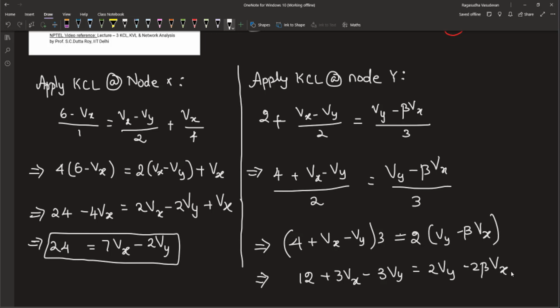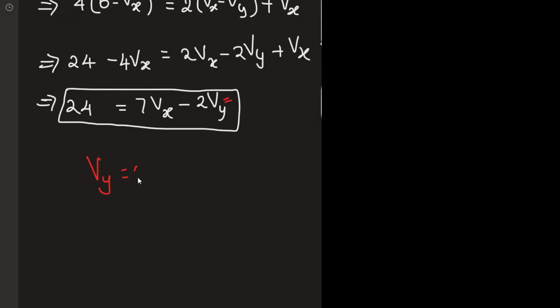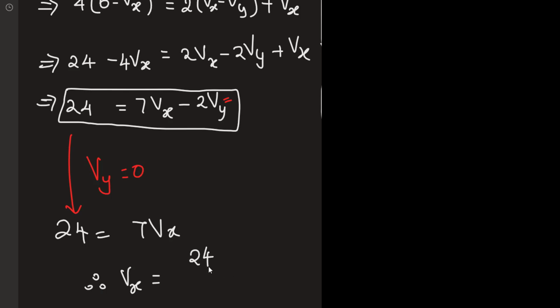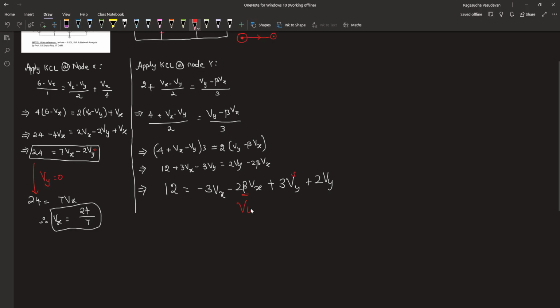So let's substitute Vy is equal to 0 in the nodal equations of node X as well as Y. When doing it for node X, we get 24 is equal to 7Vx. So therefore, Vx will be 24 divided by 7. So we can apply Vy is equal to 0 and we can reframe this equation.